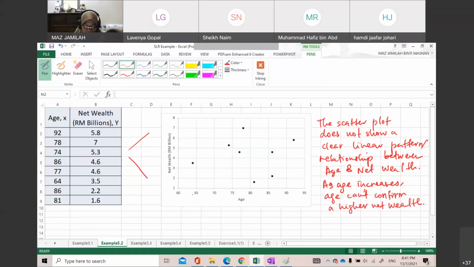As a person is at the age of, let's say, 64, the net worth can be 3.5 billion.